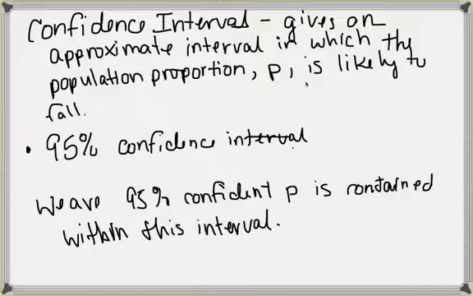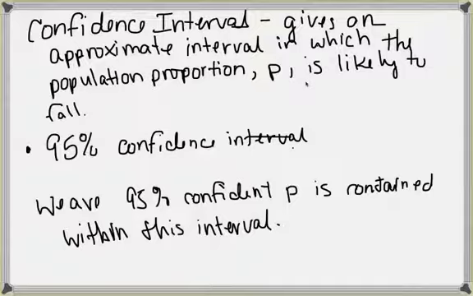Okay, so that's what that tells us. When we calculate a 95% confidence interval, that tells us we are 95% confident in saying that the true value of P, the true population proportion, is contained somewhere within this interval.